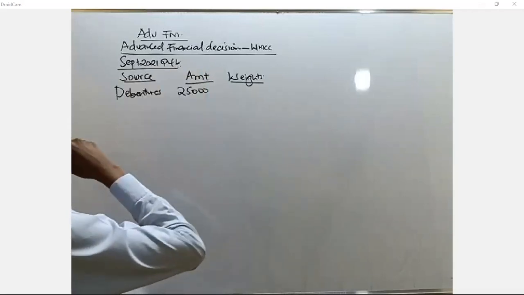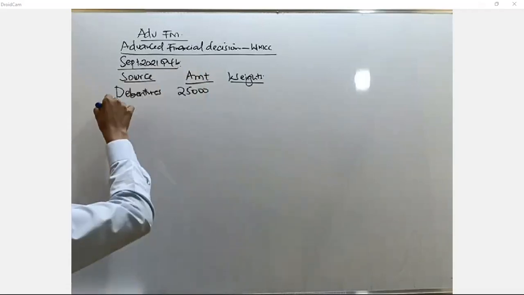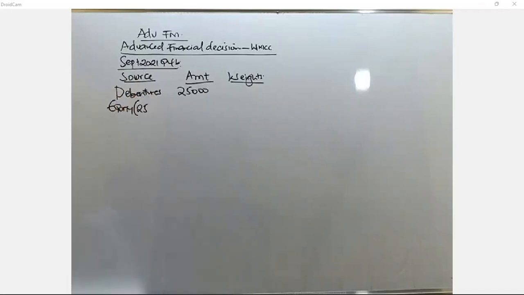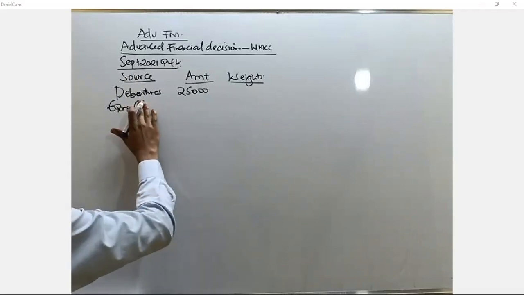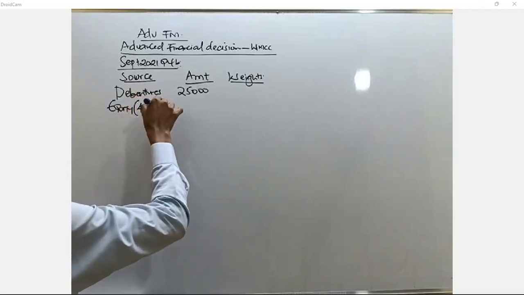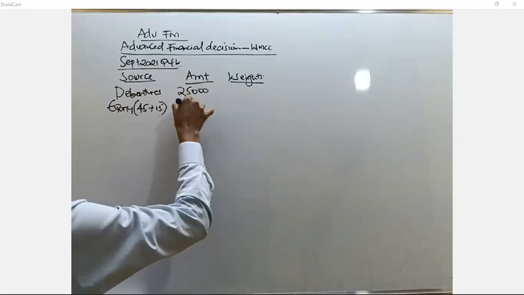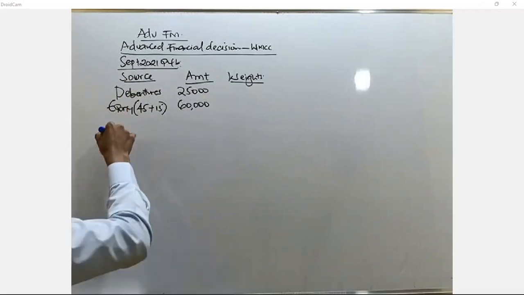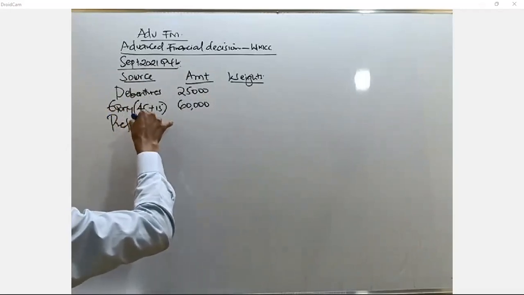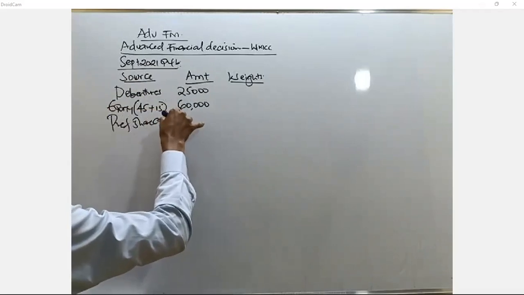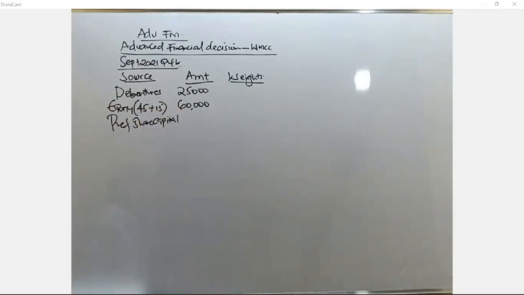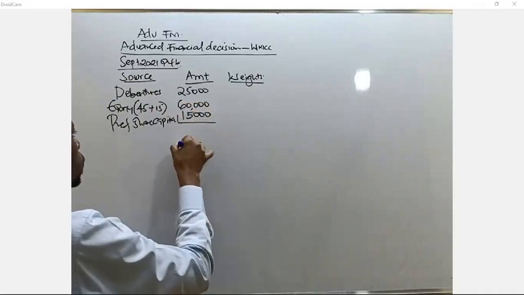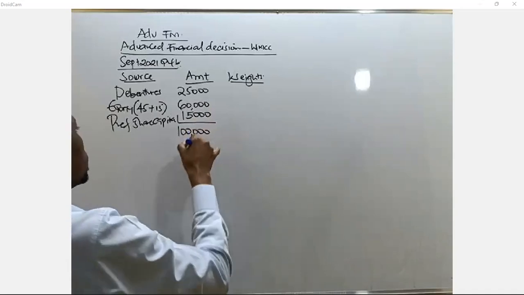Then we have equity, which comprises 45 for ordinary shares and 15 for reserves. These total 60,000. Then we have preference share capital of 15,000. These total 100,000.